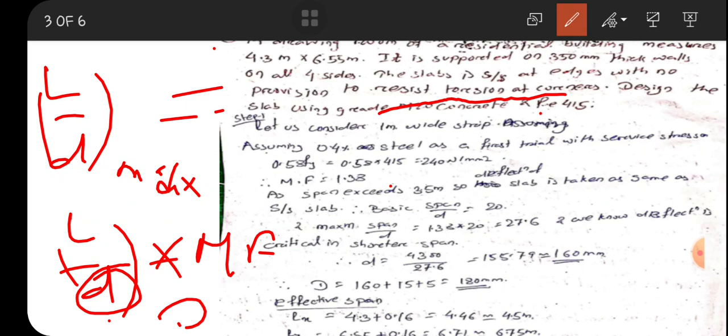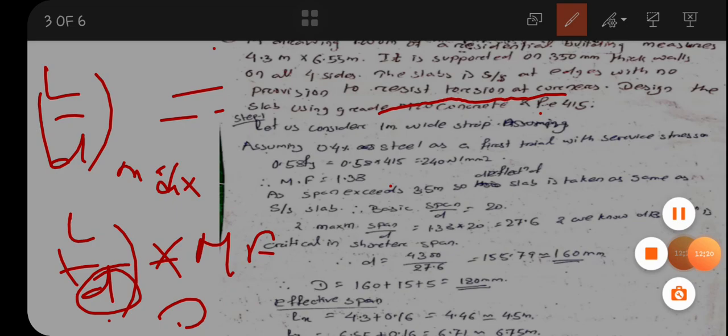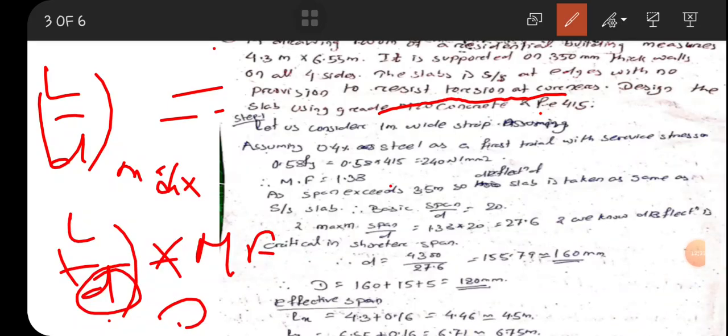For an unrestrained slab, I have already told you about that. First we will calculate the Mx and My, then we will proceed further, and the other things remain the same as for simply supported slabs.